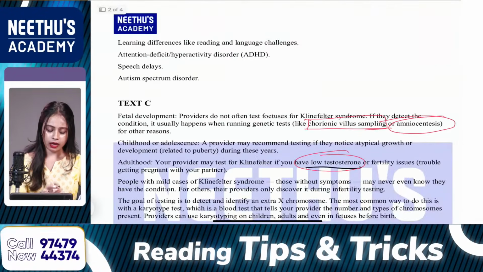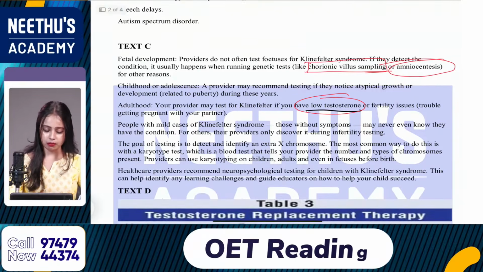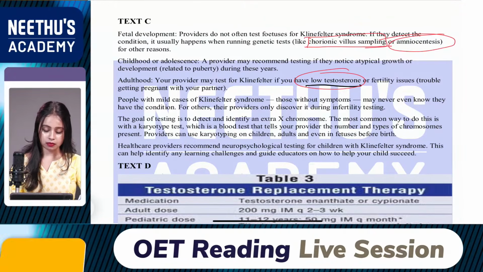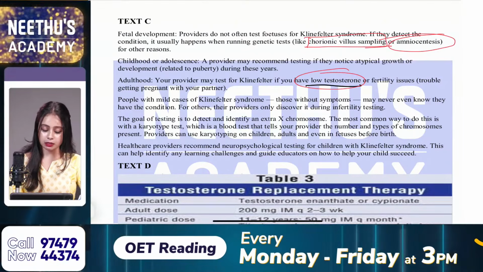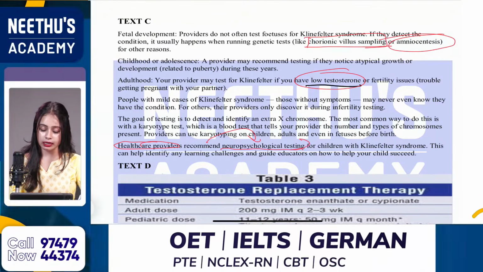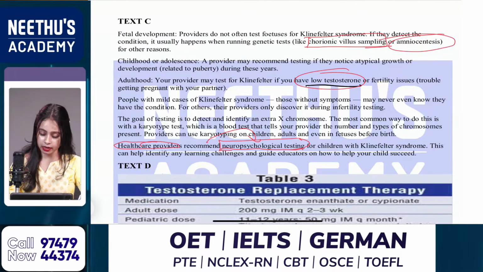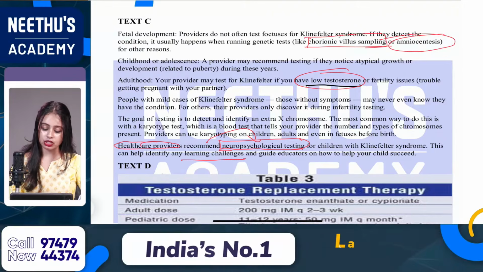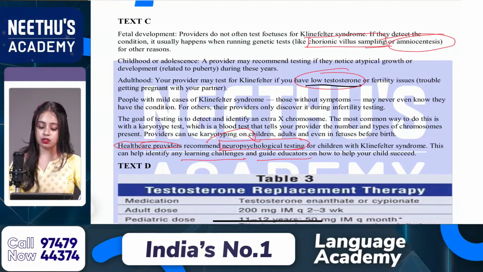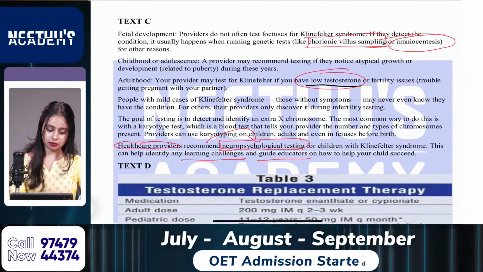So I think that question is from text C. It is from the last para. Healthcare providers recommend neuropsychological testing for children with Klinefelter syndrome. This can help identify learning challenges as well as guide educators. So the answer should be neuropsychological testing.